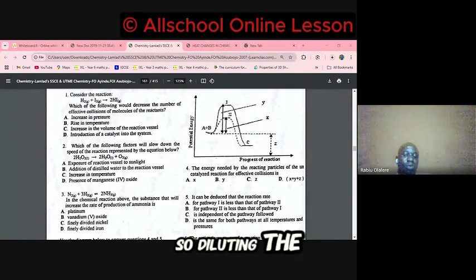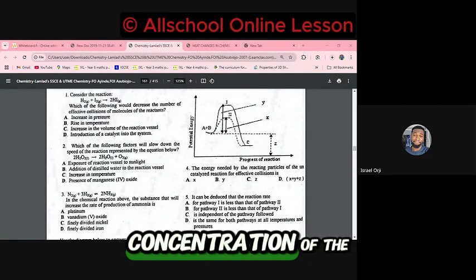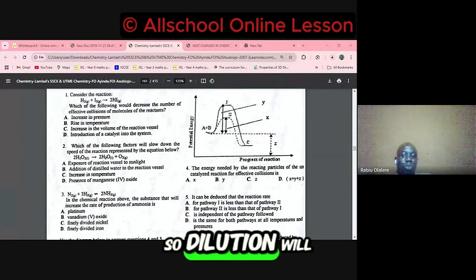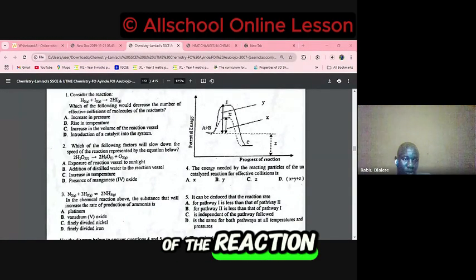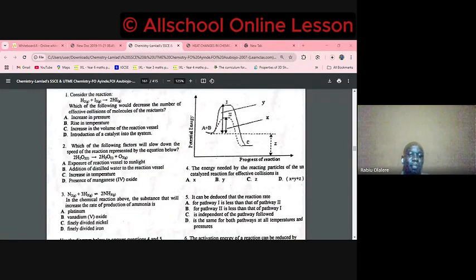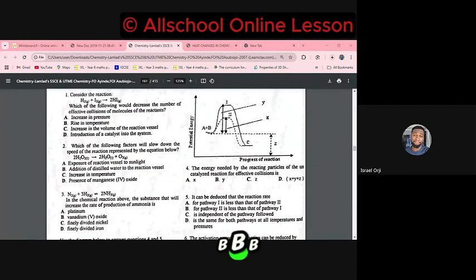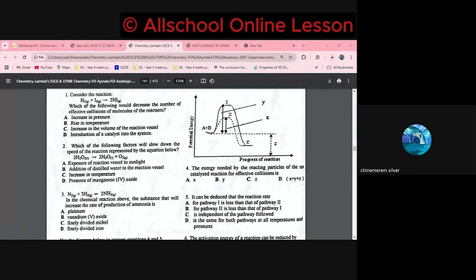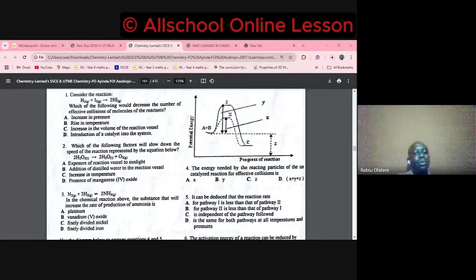Diluting the solution will decrease the concentration of the reactant particles, so the reaction will be slower. So our answer there will be what now? B. Do you get B?